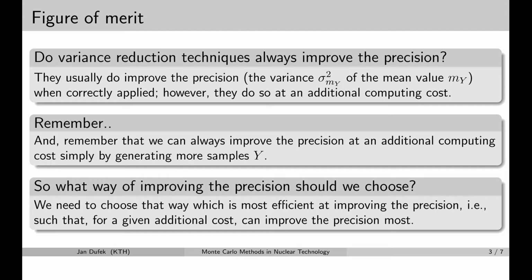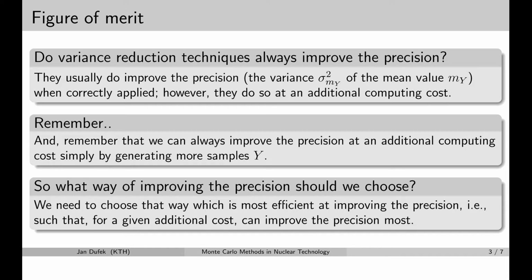You need to remember that we can always decrease the standard deviation in the mean value simply by running the Monte Carlo simulation longer. We can simply collect more samples of the result that we are calculating. By this way we can reduce the variance as well. There will be, of course, the additional computing time for generating more samples.